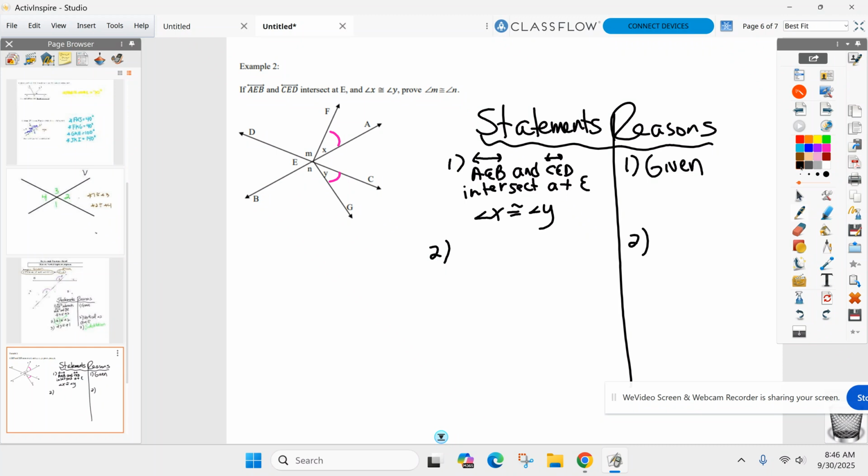I really don't want to give this one away here. How we're going to get M and N. And remember, we only have so many things over there we could use. All right, we're not going to start adding our own reasons in, that's for sure. Put those intersecting lines back up there for you.